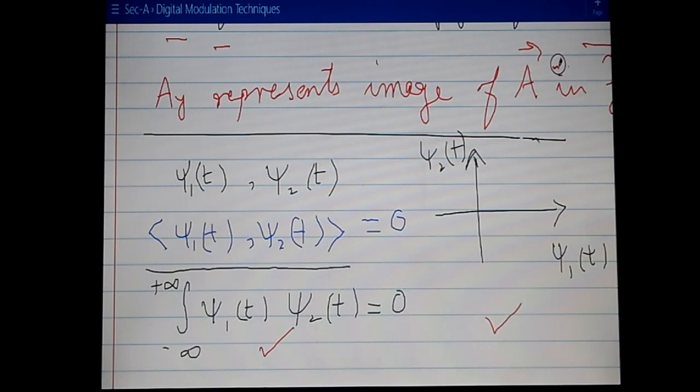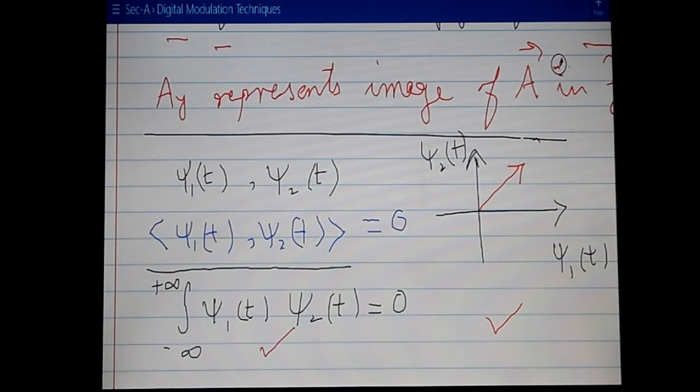Now, once you define these axes, any vector drawn over here, any position vector in this two-dimensional plane, let me call it two-dimensional signal space instead of plane, right?